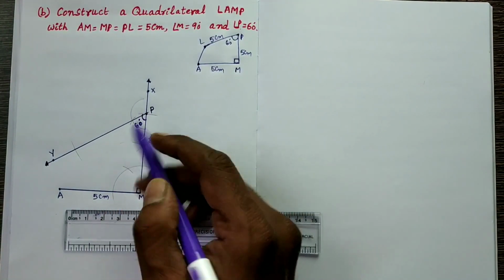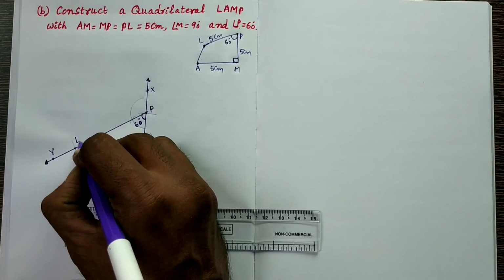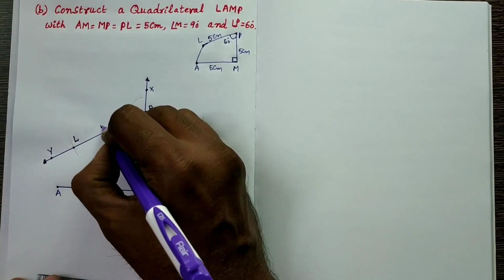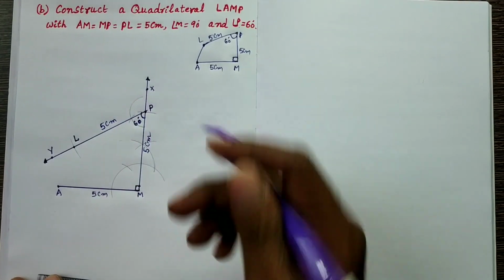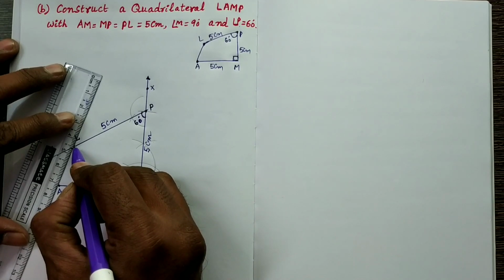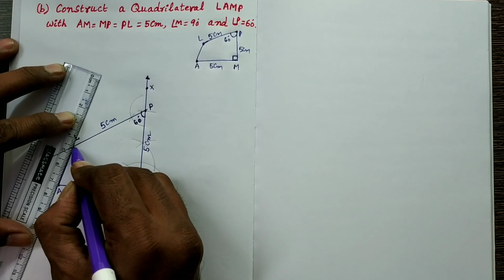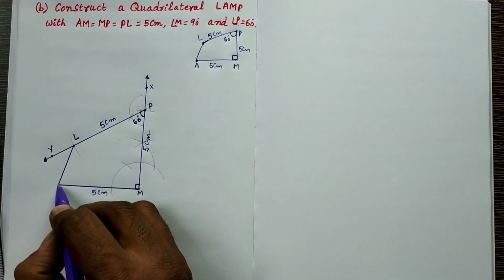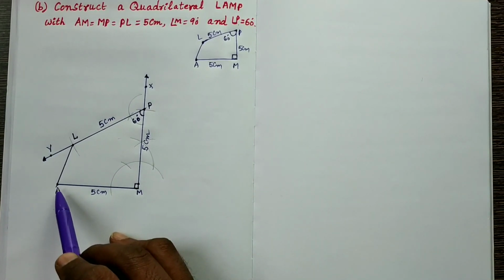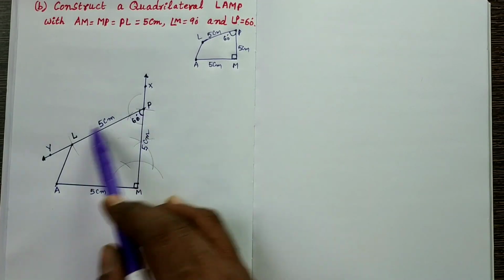It cuts the ray PY at L. So PL length is 5 centimeters. Now you join AL. So the required quadrilateral LAMP is constructed.